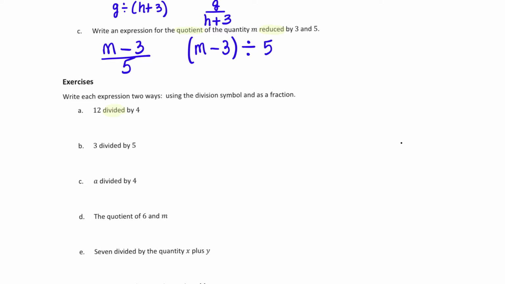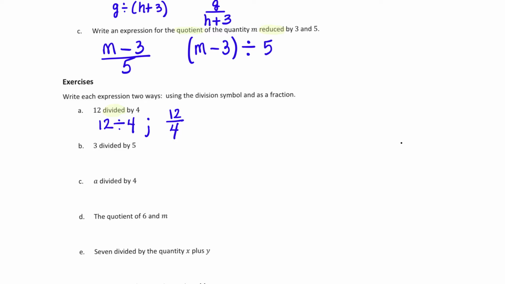The word divided is very obvious. Keep in mind we are writing it both ways. So it's going to be 12 divided by 4. That is one way. And 12 over 4 is the second way.